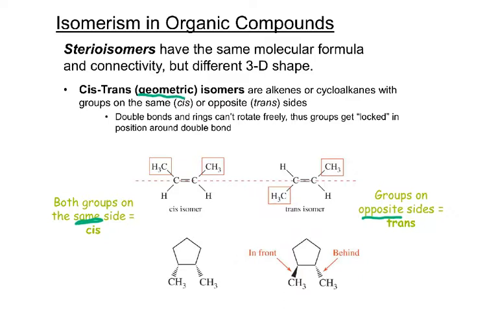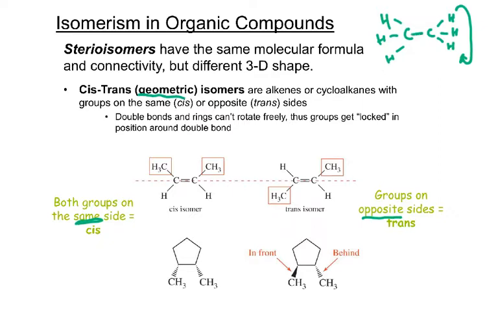Now remember we said that if you have a single bond, single bonds can rotate. So if you have a molecule that looks like this, all right, a simple alkane, you can rotate this carbon and this methyl group here, and it can spin, and those hydrogens can spin around, and same thing with the other one.